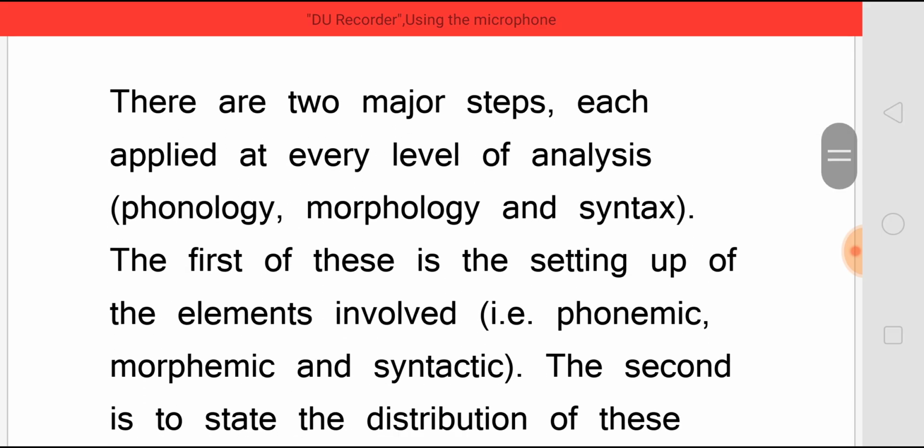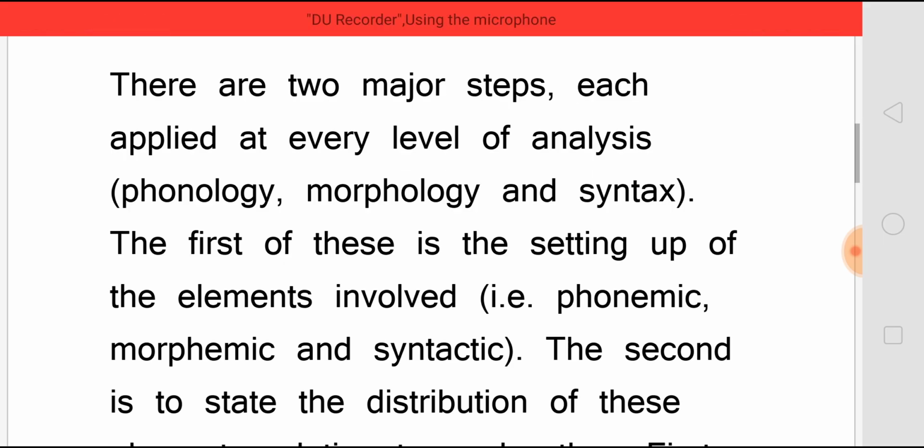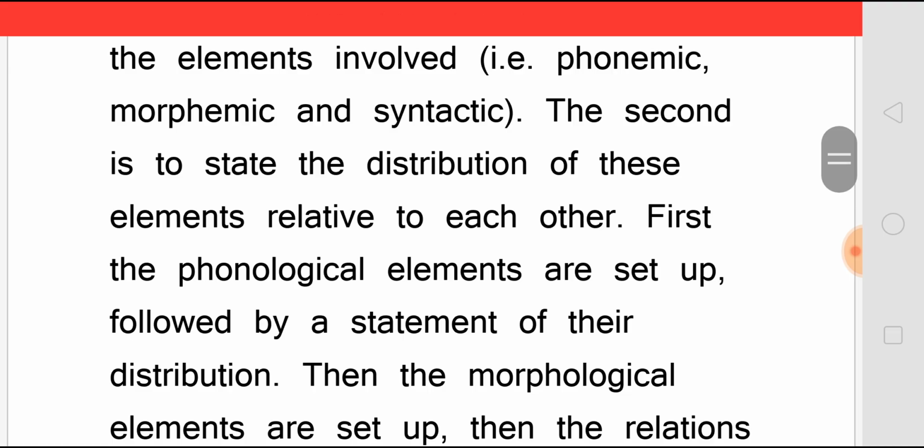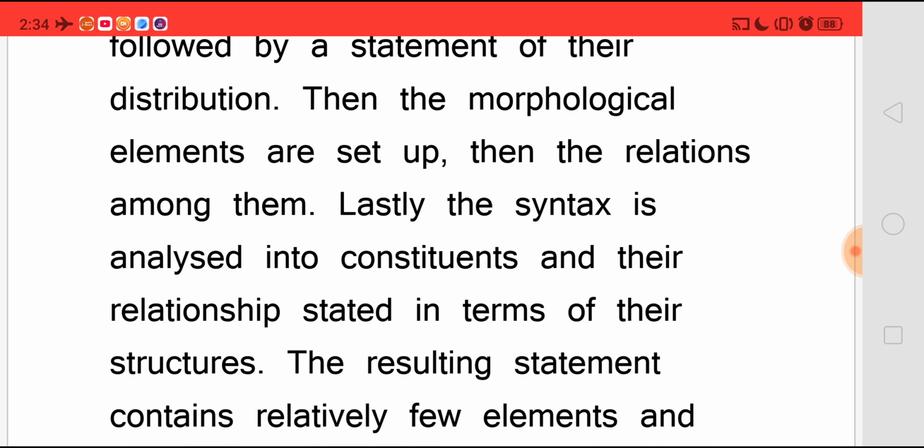There are two major steps, each applied at every level of analysis. The first of these is the setting up of the elements involved, that is phonemic, morphemic, and syntactic. The second is to state the distribution of these elements relative to each other. First, the phonological elements are set up, followed by a statement of their distribution. Then the morphological elements are set up, then the relations among them.